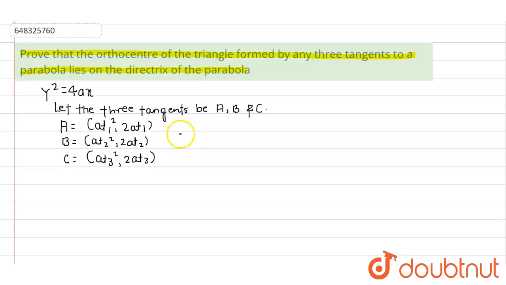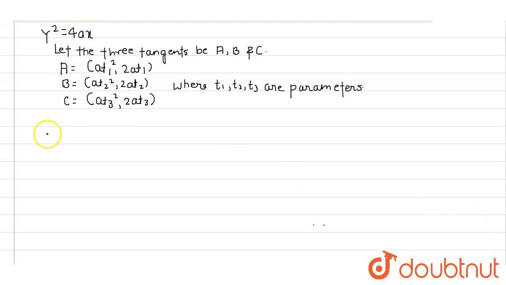Where t1, t2, t3 are the parameters. Okay, now what we will do, we will try to find their points of intersection.